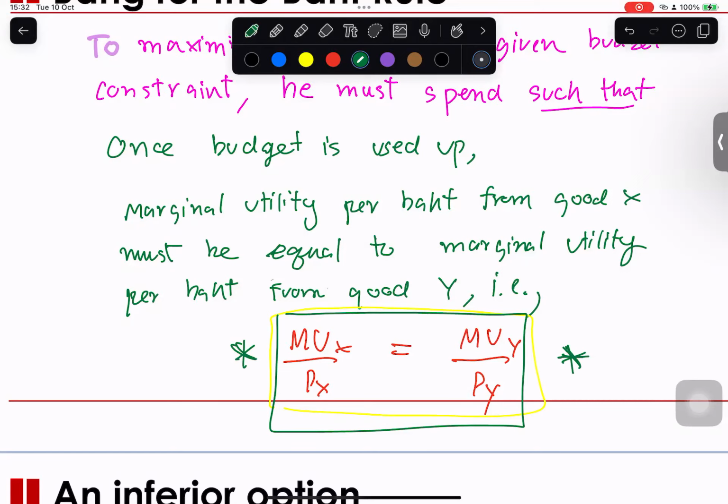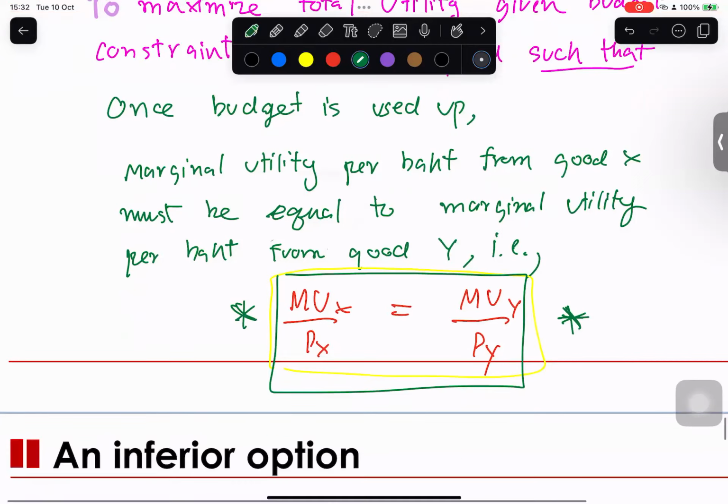Utility maximizing rule. Or the nickname is the bang for the baht rule.